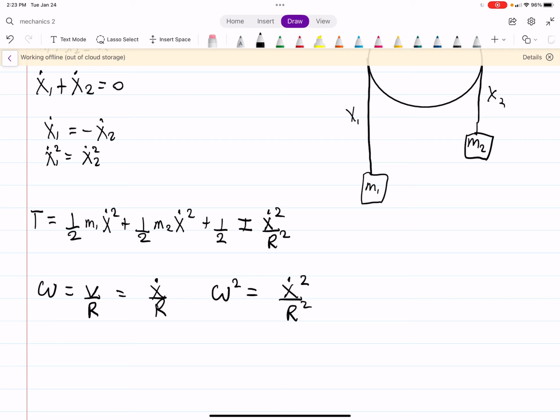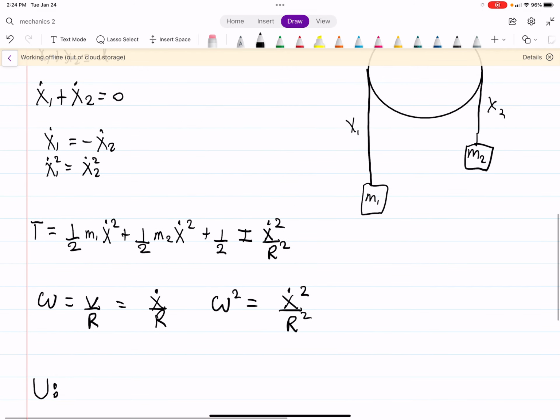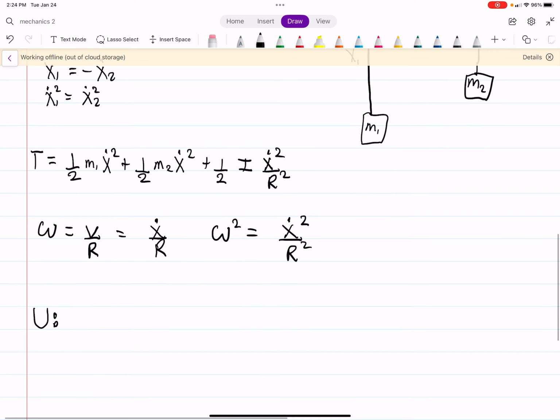Now we need to find the potential energy. So there's two things giving us potential energy. It's the two blocks, and it's gravitational potential energy. So that's the first thing I would show. And each one will just have its own.